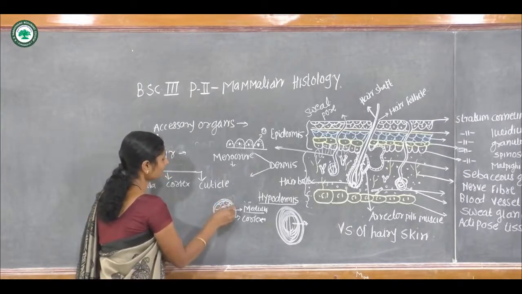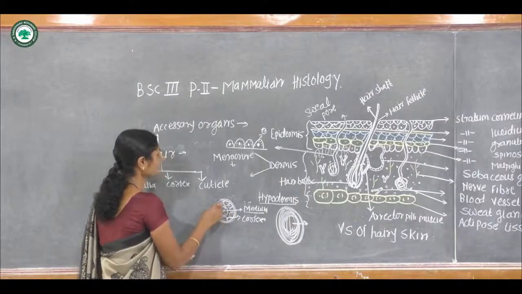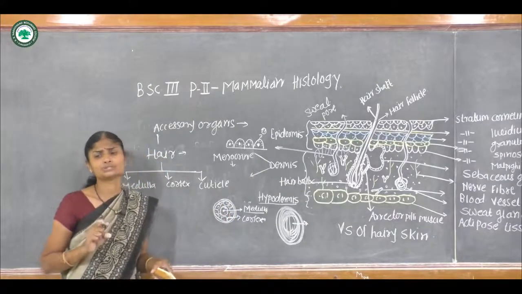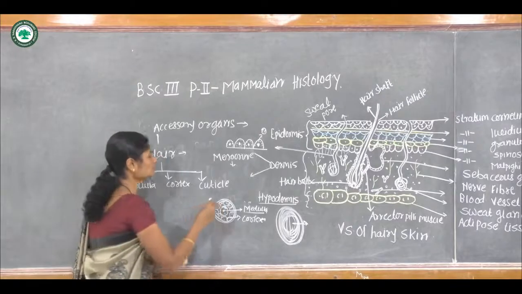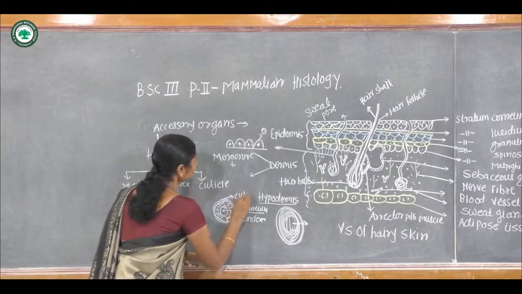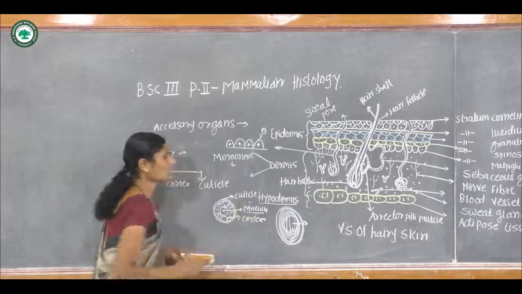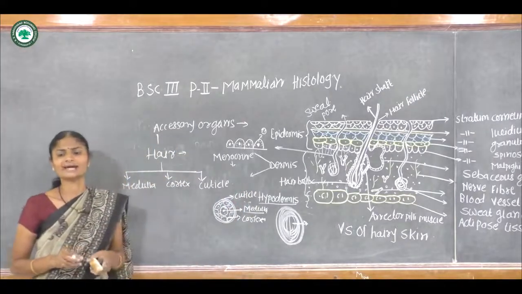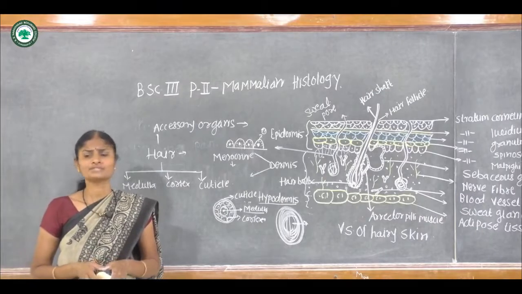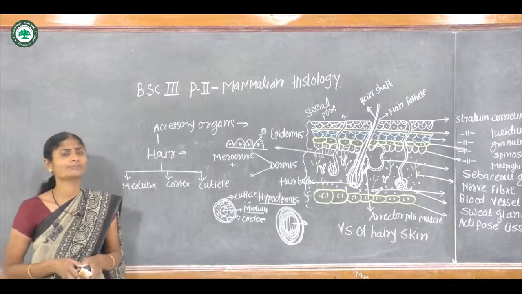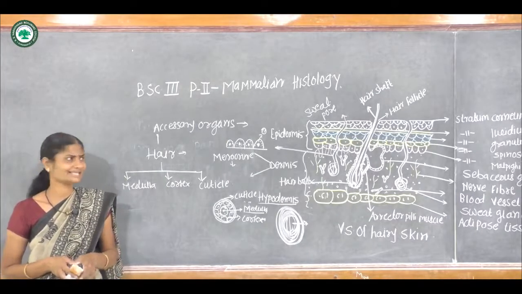Melanin granules in the cytoplasm also give color to the skin. The next layer is the cuticle, the outermost layer, which is thin and composed of a single layer of nucleated cells.